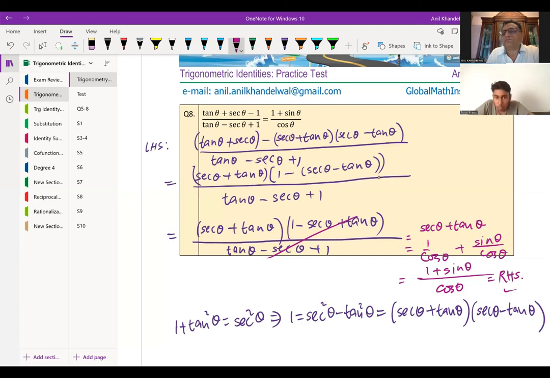Here, we have a very good, easy solution. So this is actually one of the very difficult questions which you'll get in MCR3U, grade 11, trigonometric identities. And I've seen this question many times in the test papers.